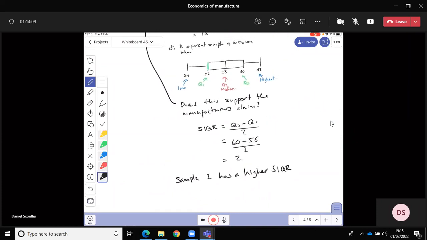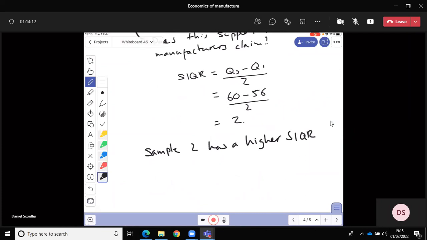Yeah, that is right, 60 minus 56. Or we could write it as less consistent.